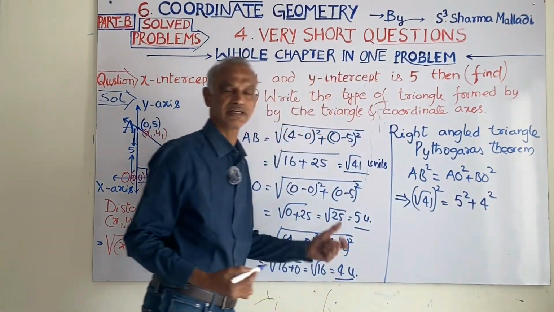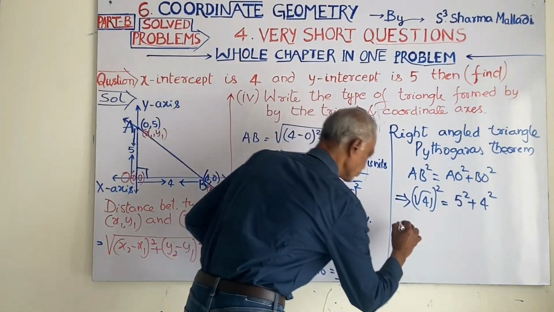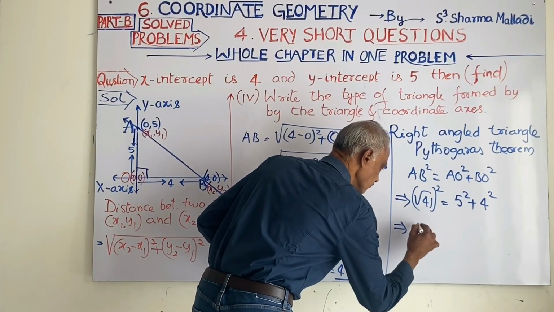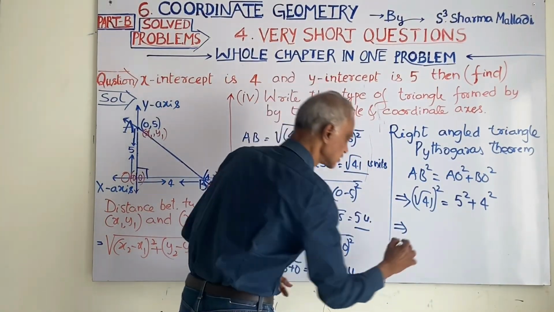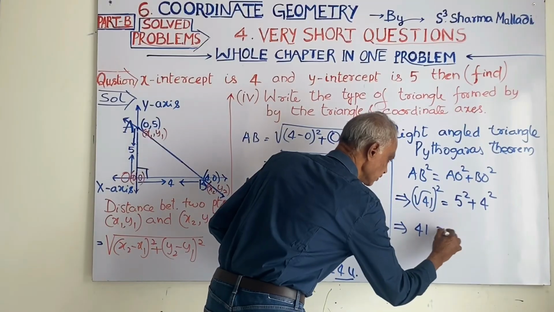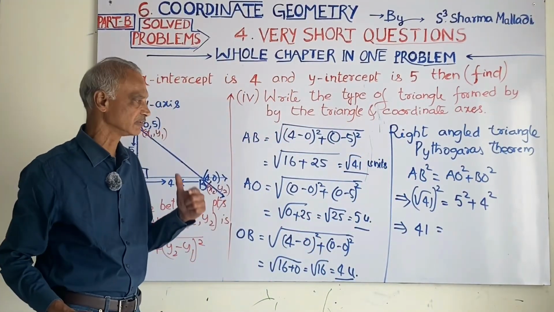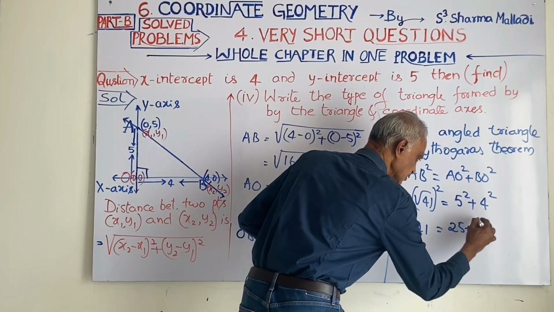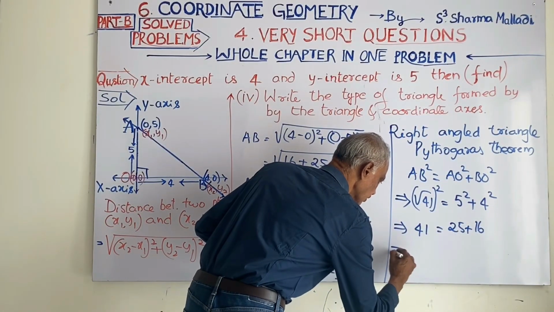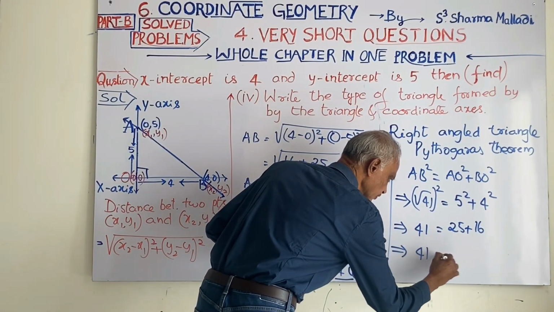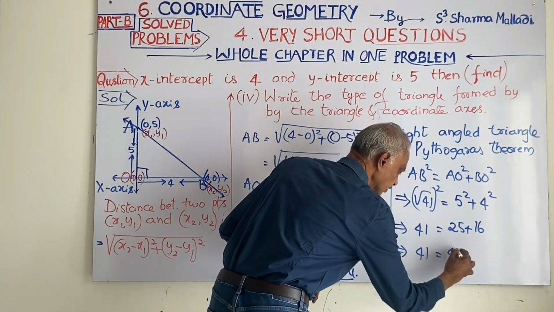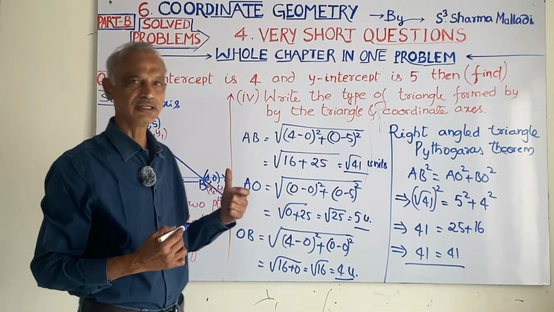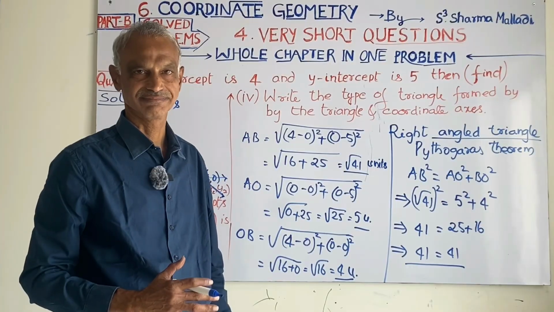Root 41 whole square means 41, must be equal to 5 square means 25, plus 4 square means 16, 25 plus 16. LHS is 41, RHS also 41. Yes, this is a right angle triangle. Like this you have to do.